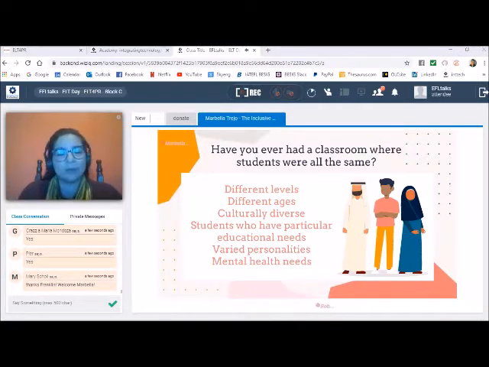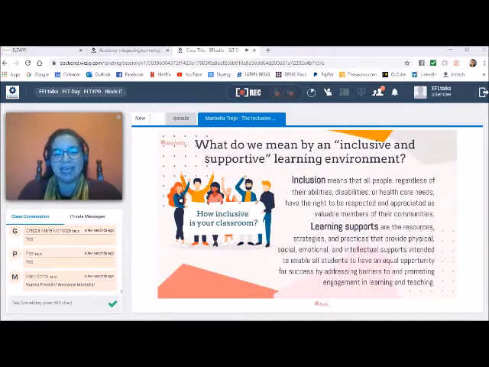So let's take a look at what we mean by an inclusive and a supportive learning environment. Let's go on to the next slide. Here we'll see two definitions. By inclusion, we're thinking about the fact that all people, regardless of their ability, disability, healthcare needs, all have a right to be respected and appreciated as valuable members of their community.